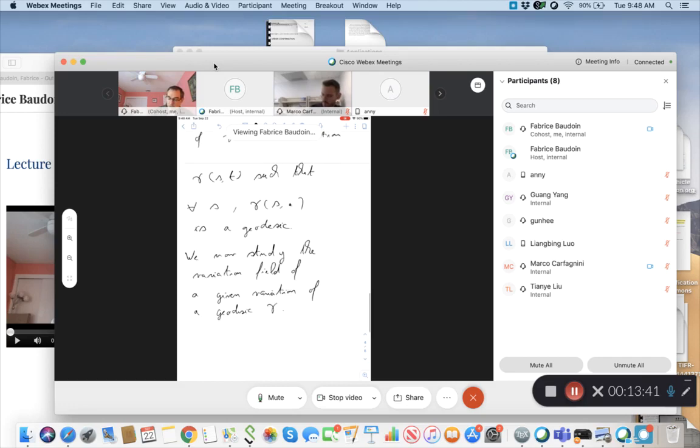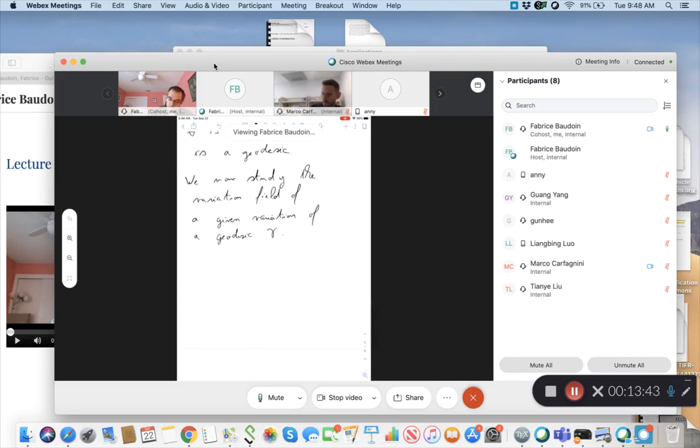The notations are as before. You have your geodesic variation of gamma, and we have the variation field. It describes how we translate gamma to gamma st. This is what the variation field does. This is an infinitesimal translation from gamma to gamma st.